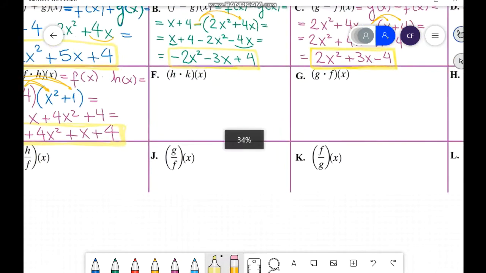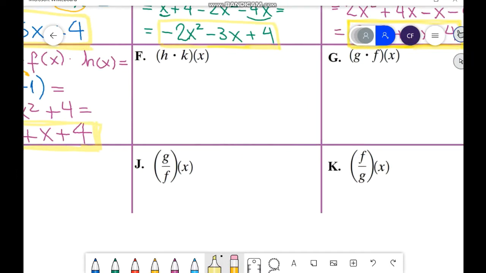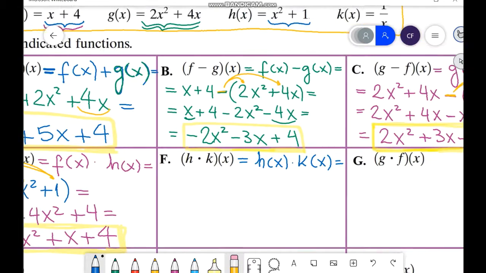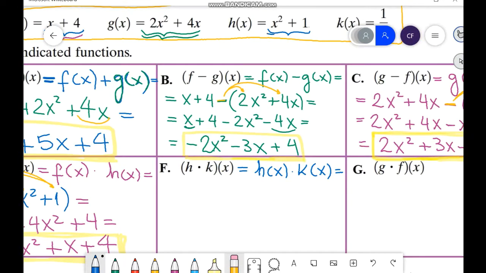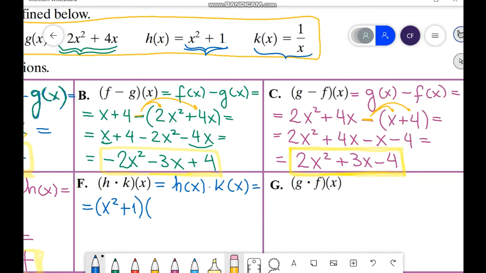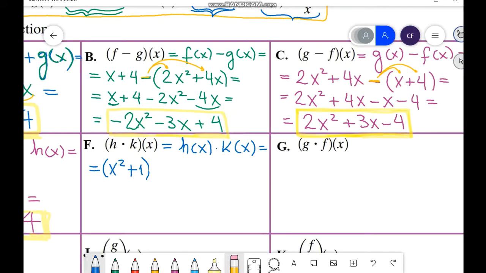So let's work letter F. H times k of x is h of x times k of x, right? So let's check on top what is h of x. And we have here h of x equals x squared plus 1. And what is k of x? 1 over x.